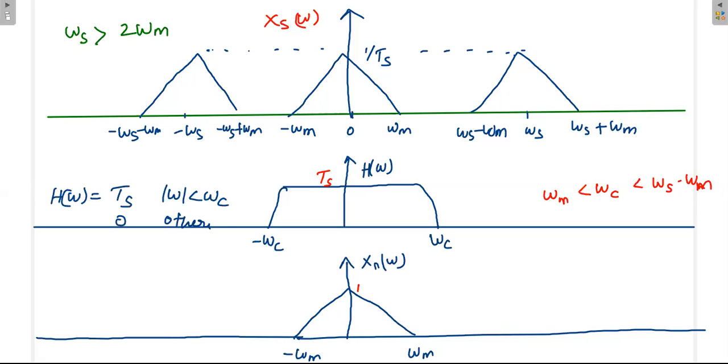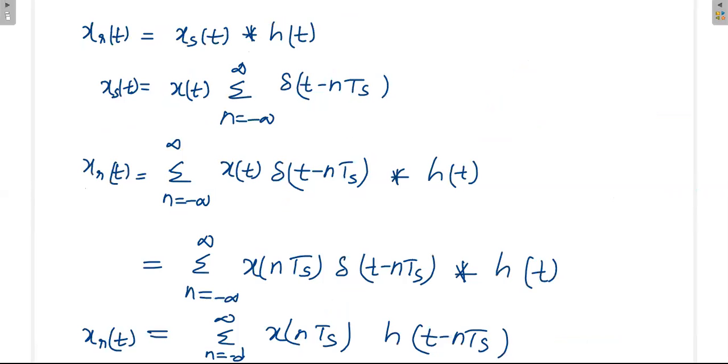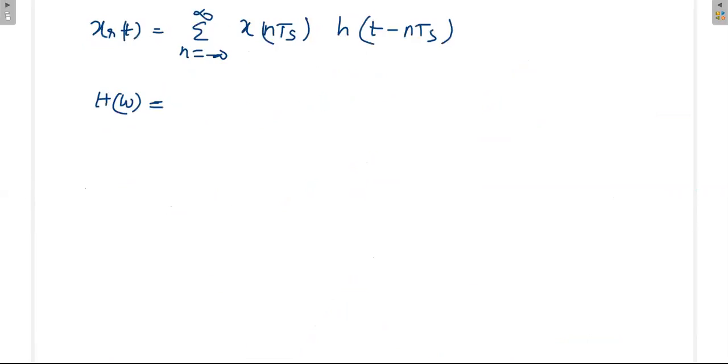Mathematically, we represent the shape of H of omega like this: H of omega is equal to Ts when mod omega is less than or equal to omega c, 0 otherwise.